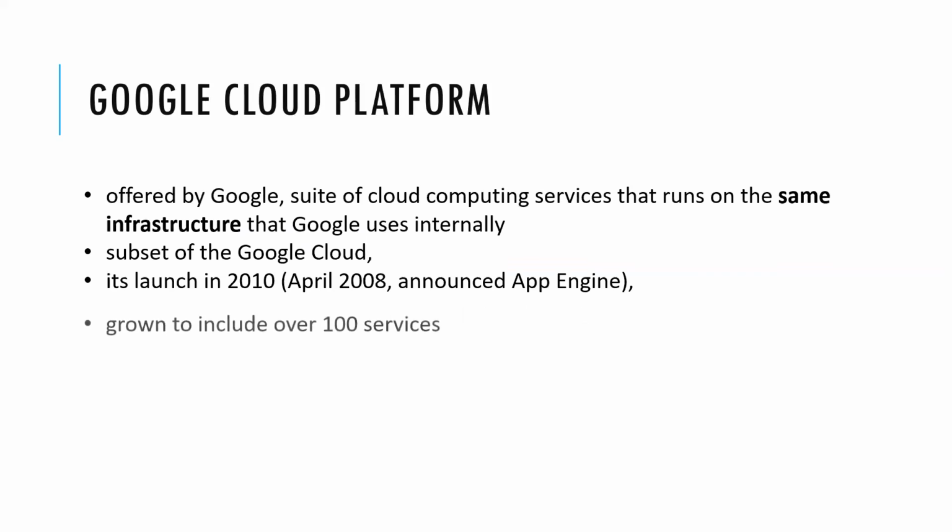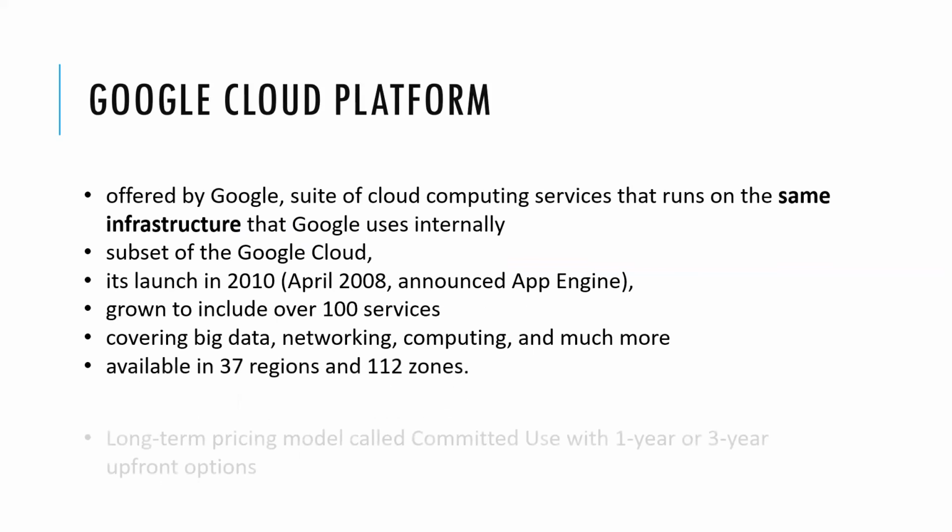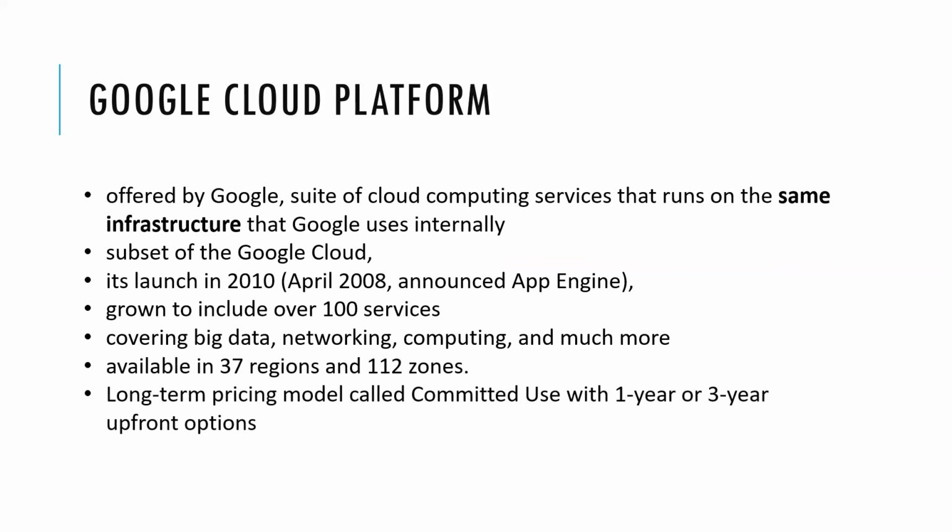Now a little brief history about Google Cloud Platform. This is a suite of cloud computing services which runs on the similar infra that Google uses internally. So it is the best quality of computing, storage, and platform services which Google Cloud Platform offers, which Google itself uses.